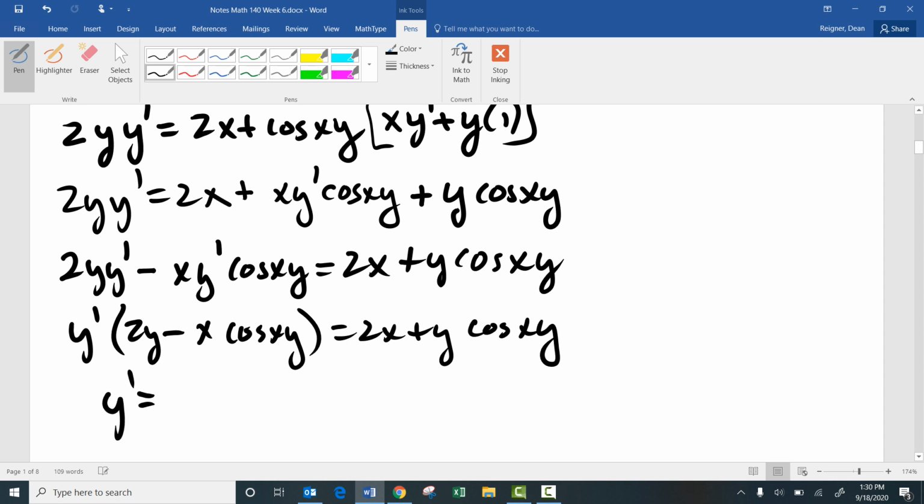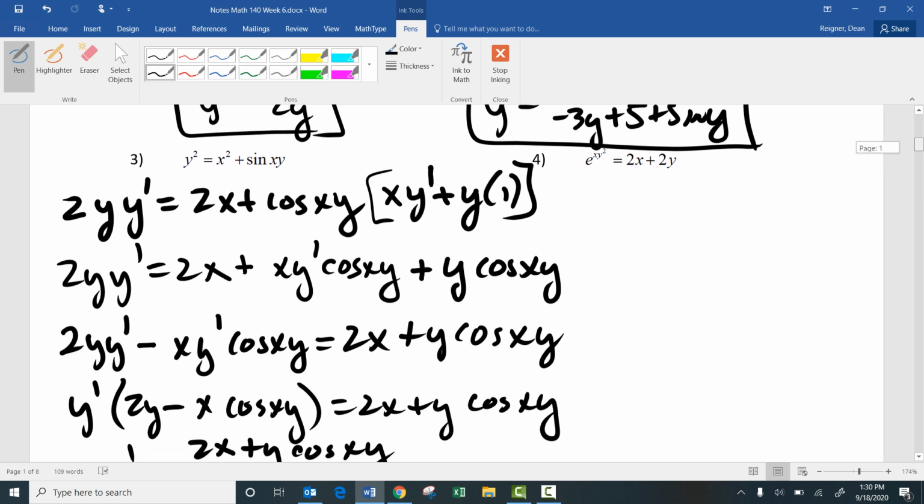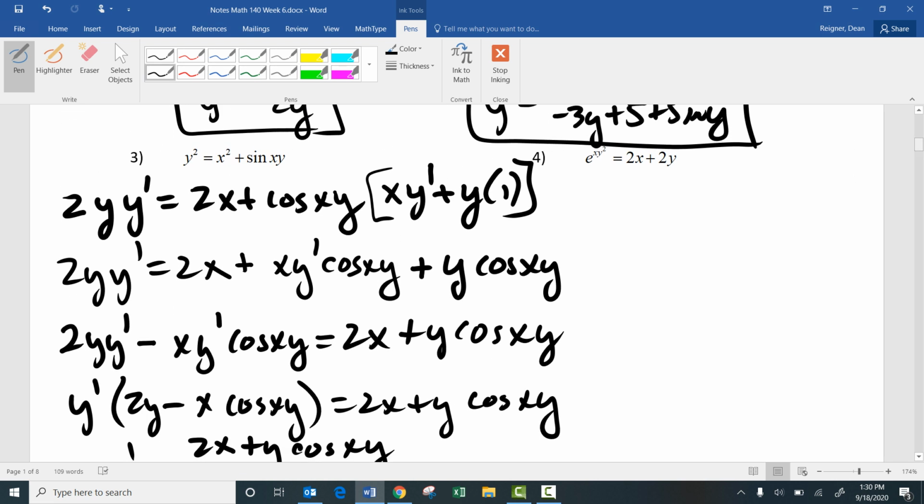So y prime equals 2x plus y cosine xy over 2y minus x cosine xy, and we're done. That one was kind of tricky because the angle was xy and you had to use the product rule to do that. All right, one up above, so let me erase a little bit.